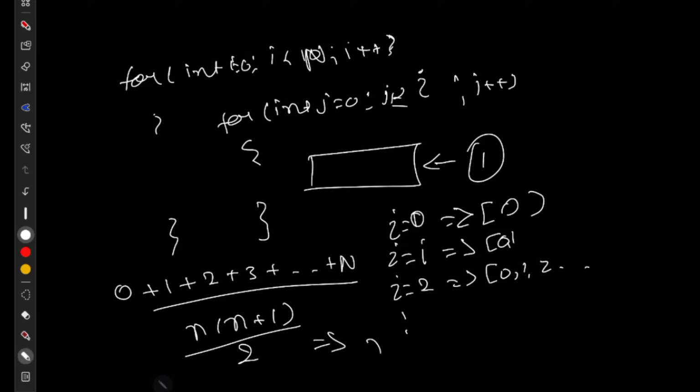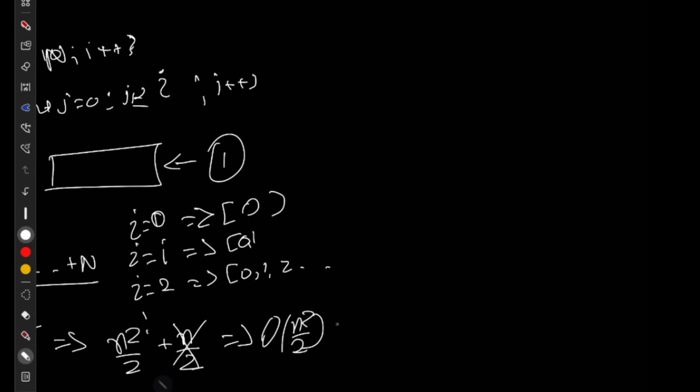When we solve it, we get n square by 2 plus n by 2. According to the rule, we will remove the lower term and the time complexity will become Big O of n square by 2. And again, when we ignore the constant, the time complexity becomes Big O of n square. So this is how we can write the time complexity for any given code.